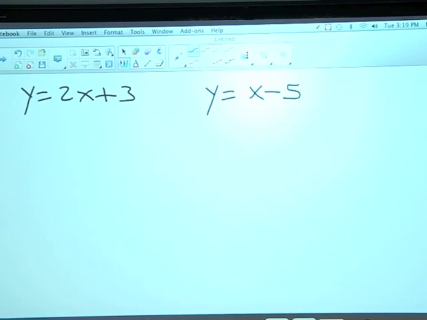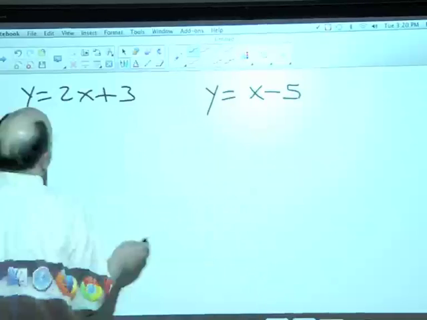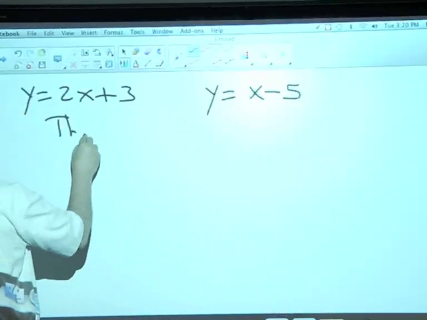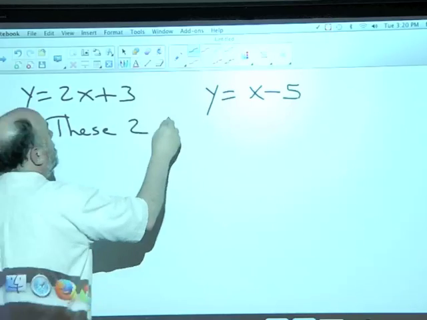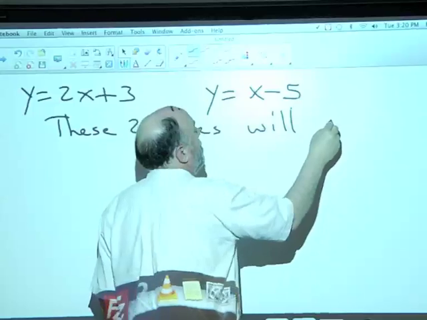Okay. So given that they're not parallel, we know at some point, wherever that point may be, they're going to cross, right? At some point, these two lines will cross each other. Where does it happen? Well, it happens when these two are equal to each other, right?